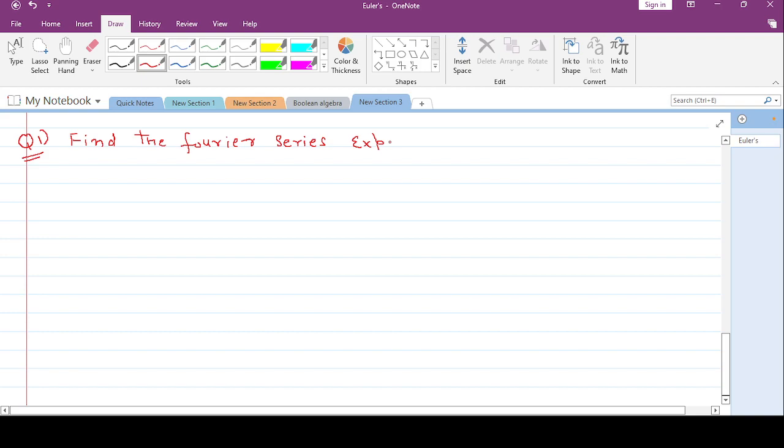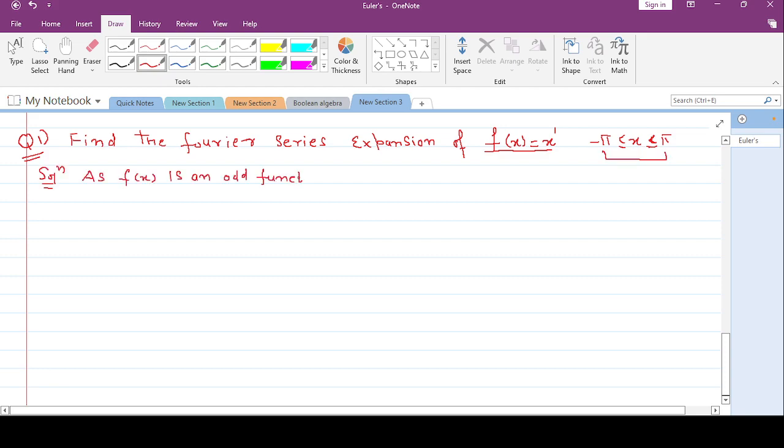Okay. Now you see that f of x equal to x. This function is an odd function, and the interval is minus pi to pi. Okay. So solution, as f of x is an odd function, therefore a naught and an are equal to 0.